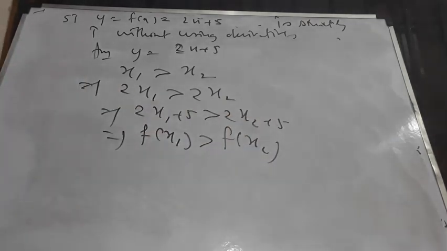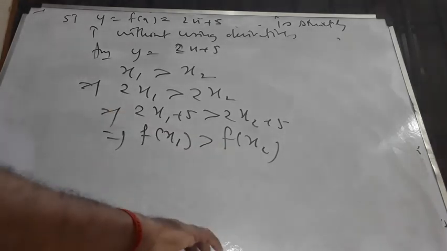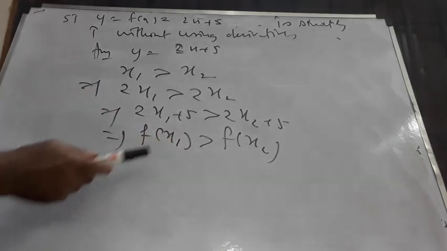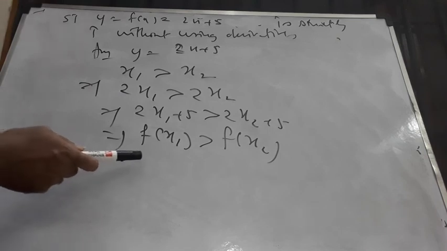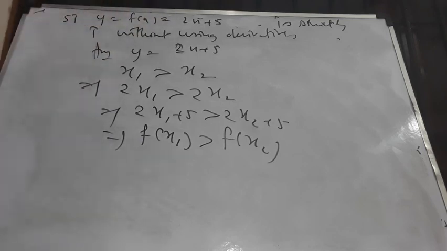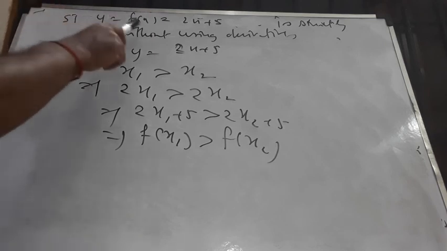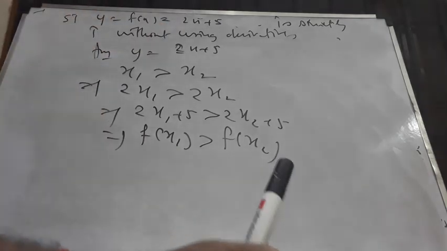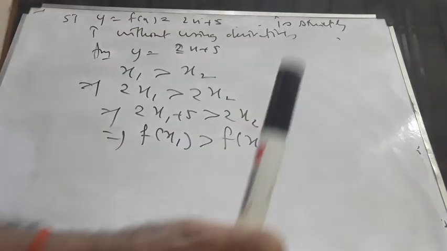I am able to prove x1 greater than x2 implies f of x1 greater than f of x2, and this is true for any two x1, x2 elements of the domain. Therefore, the function is strictly increasing. Sorry, I should not have chosen quadratic. In a quadratic you may end up with some places decreasing and some places increasing. Only linear I should choose. It is not square, it is simply 2x plus 5.